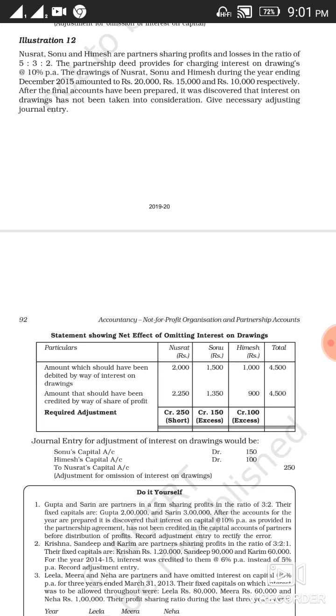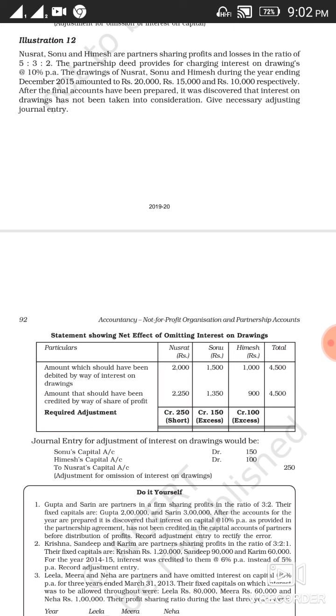Now the interest on drawings has to be debited from the partners, and this amount has to be credited to the partners. Debit means we have to take from the partners, and credit means we have to give to the partner. On comparing these two figures, you will come to know that in case of Nusrat, the amount that has to be taken from him is 2,000, whereas the amount that has to be given to him, or credited to him, is 2,250.